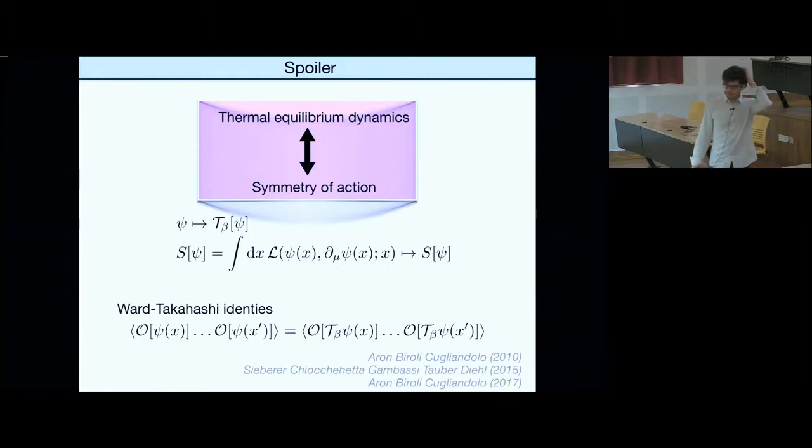So let me first tell you that the idea that equilibrium dynamics is a symmetry is not something very new. Classically, this is some common lore that equilibrium dynamics are a symmetry. You probably heard of detailed balance or Markovian system, which is usually expressed in terms of symmetry.